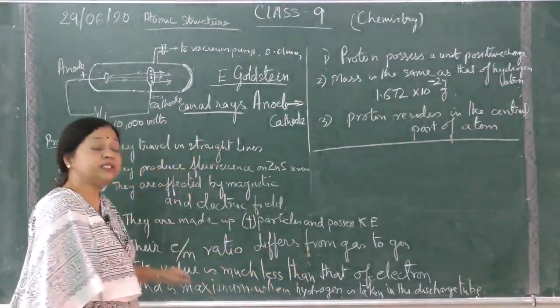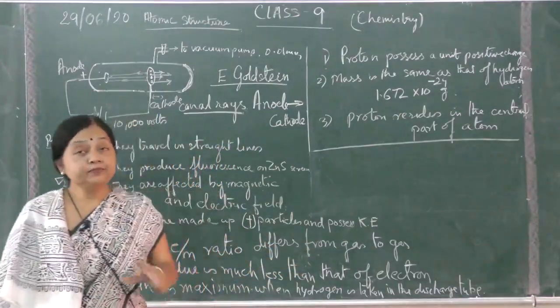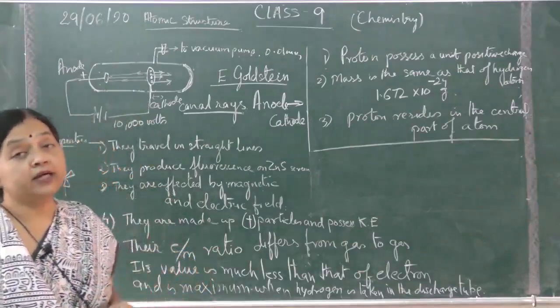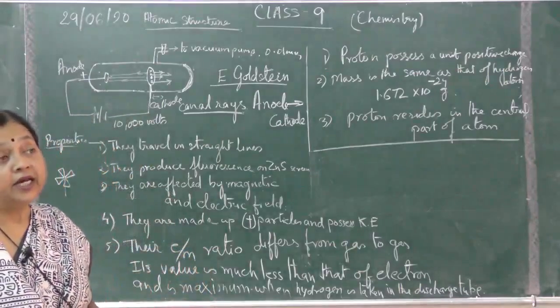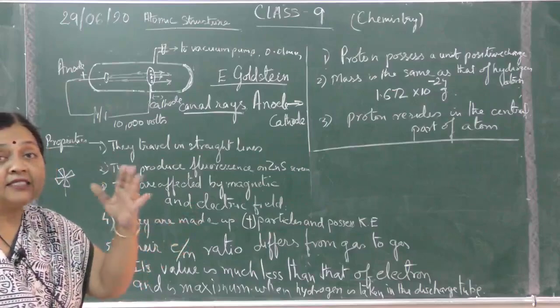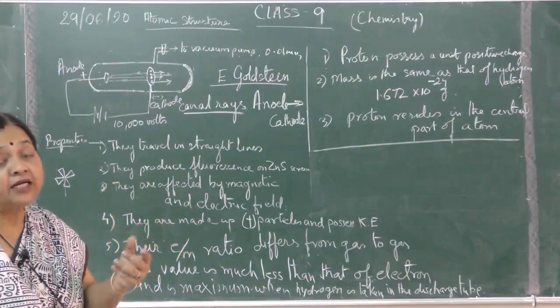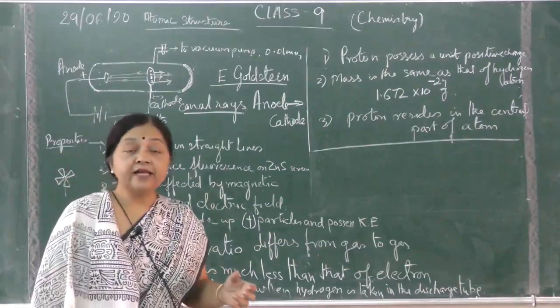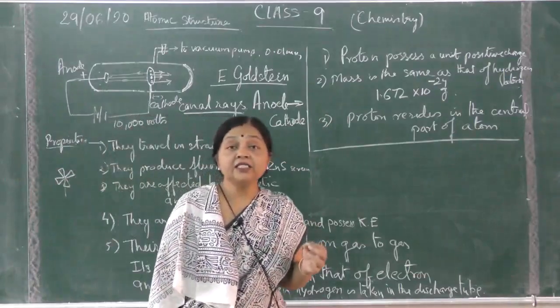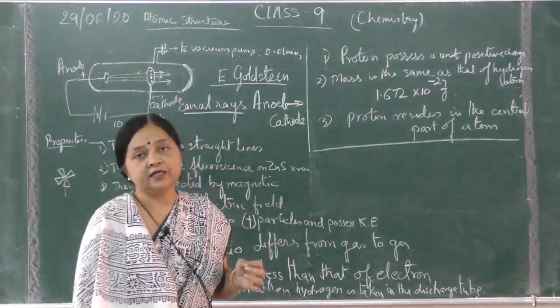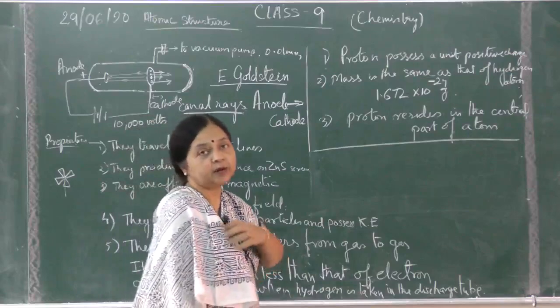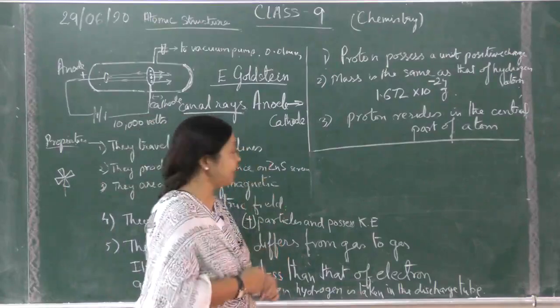Okay, what happens when a high voltage is applied to a gas at low pressure? It ionizes, rips off the valence electrons, and produces ionized, positively charged particles. It was these positively charged particles which were moving in the opposite direction.